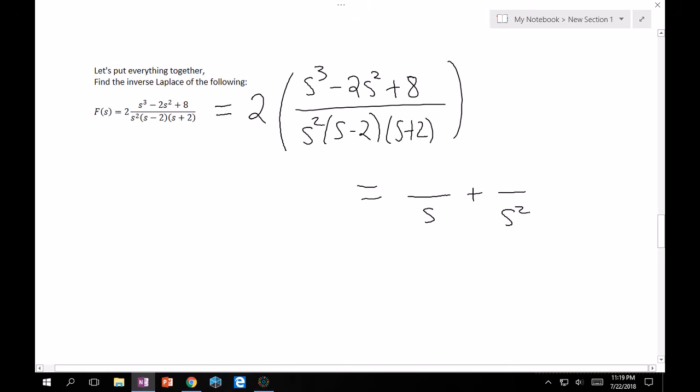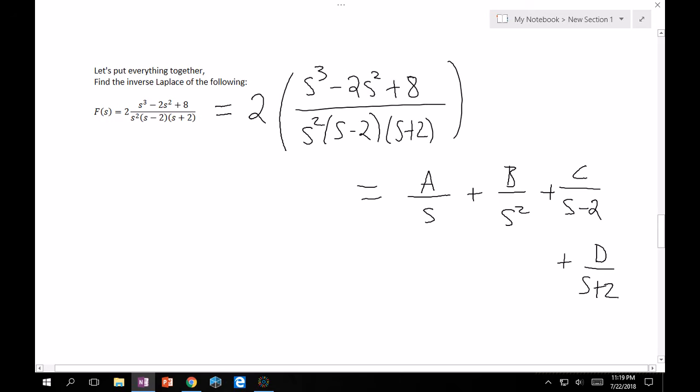And based on what I told you up above, over here is going to be an A, and because this is essentially the squared version of the A over s, this is going to be a B. It's not Bs + C, right? (s - 2) is a linear term, so it's just going to be plus C over (s - 2). And then (s + 2) is very similar, plus D over (s + 2).